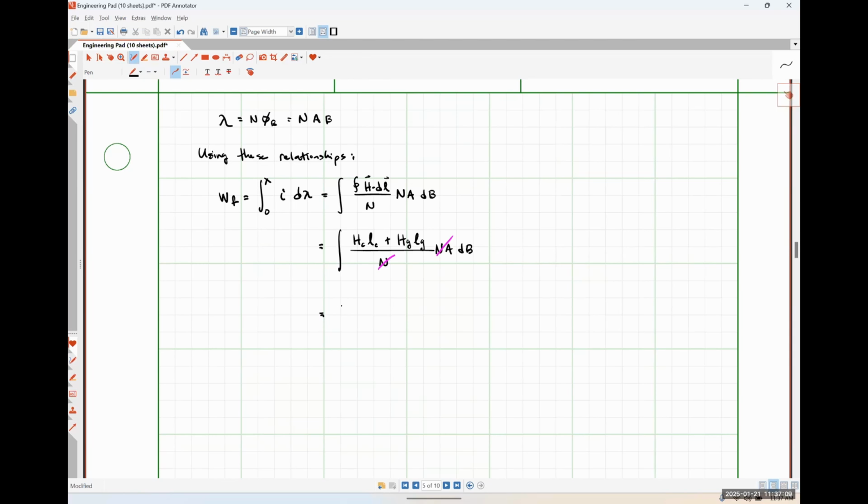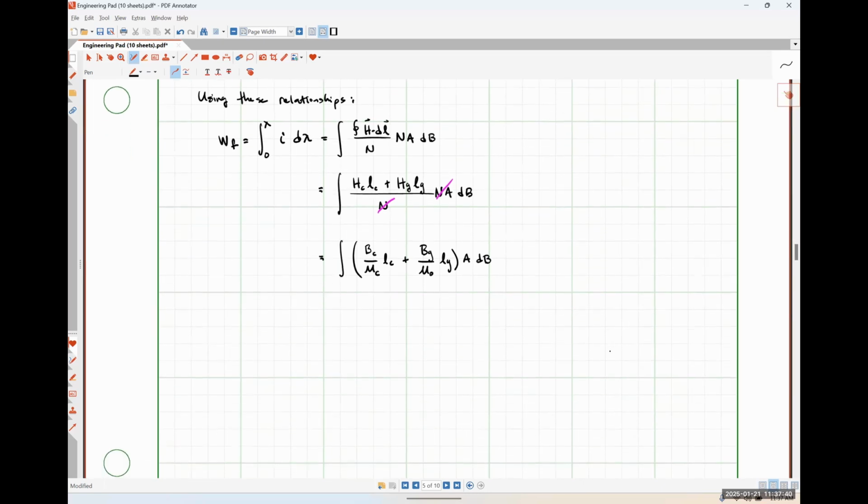So instead I could write this as the B field in the core divided by the permeability of the core multiplied by the length of the core plus the B field in the air gap divided by the permeability of the air gap, which is the permeability of free space, which is why I wrote it as mu naught, times the length of the gap, all times area integrated with respect to B field.